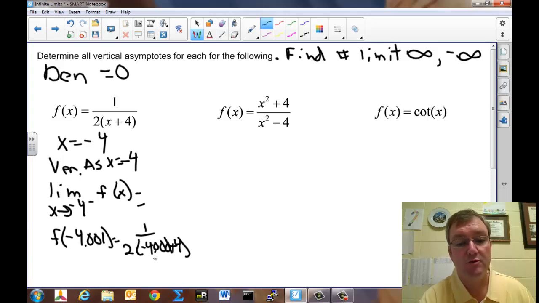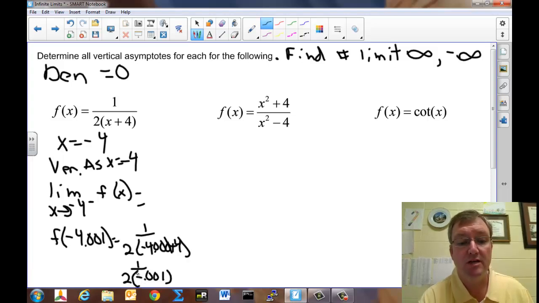So inside the parentheses here, we're going to get negative 0.001. And now if we multiply that out, we're going to get a negative number, and the magnitude of that number is going to be large. So we'll get something like negative 2,000, I believe is what we'll get, or maybe negative 5,000. So we're getting a number that is very large in magnitude but has a negative sign in front of it.